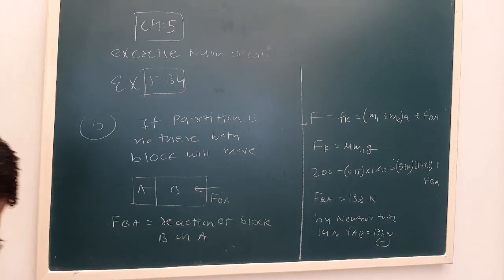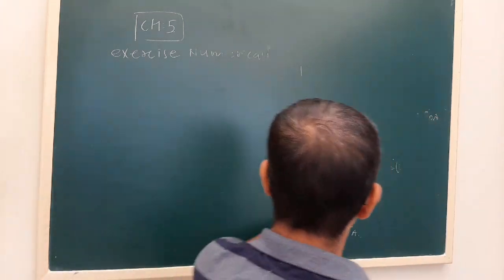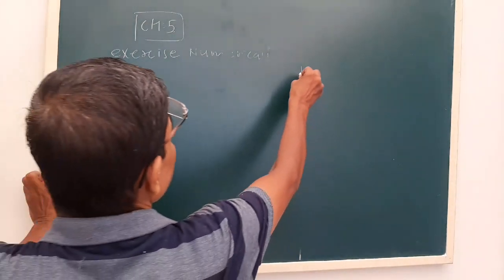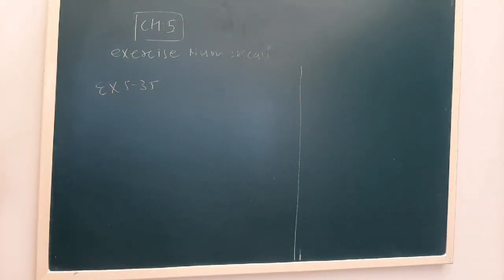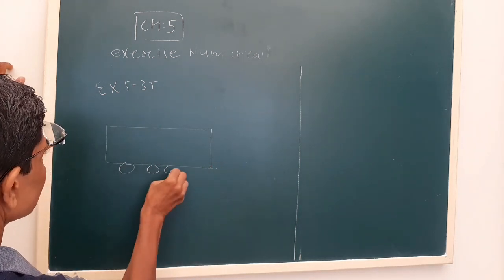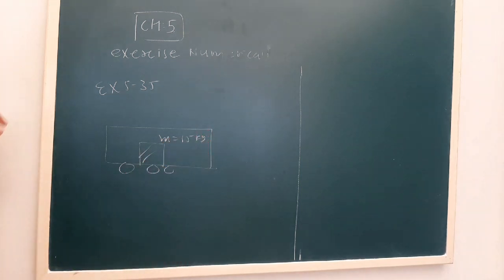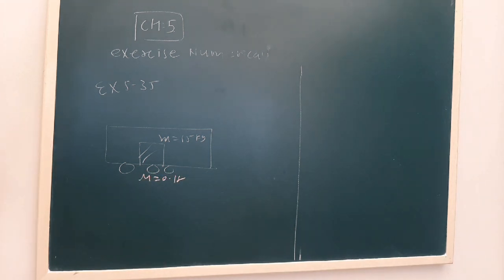Now see the next example, exercise number 5.35. The question says that in a trolley, a block of mass 15 kg is placed. The coefficient of friction between the block and the bottom of the trolley is 0.18.